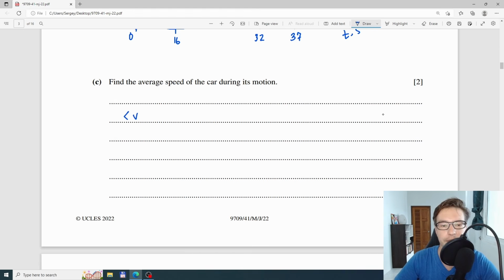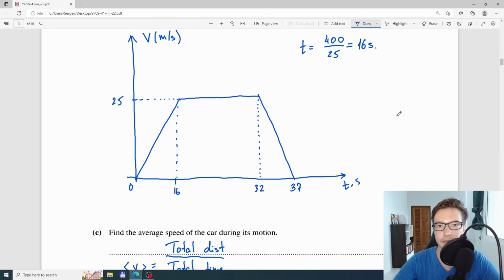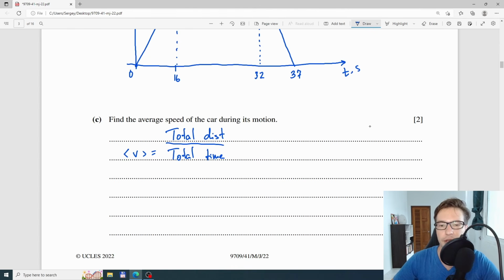Now, average speed is equal to the total distance traveled divided by the total time. How do we find the total distance from the velocity time graph? That's going to be the area under this graph. The graph is a trapezium, and the area of a trapezium is base 1 plus base 2 over 2 times the height.